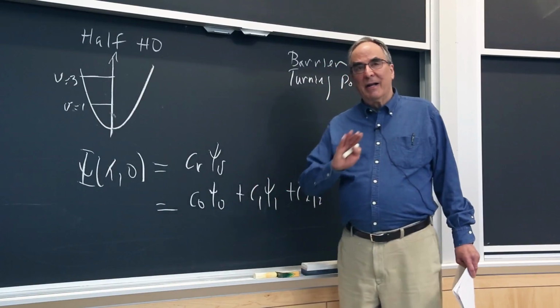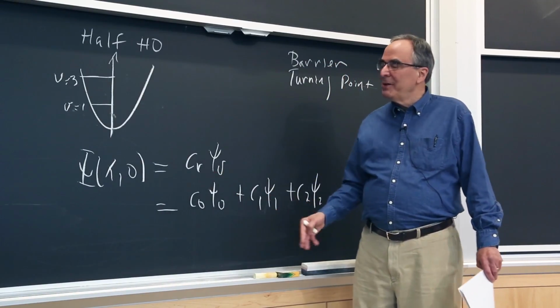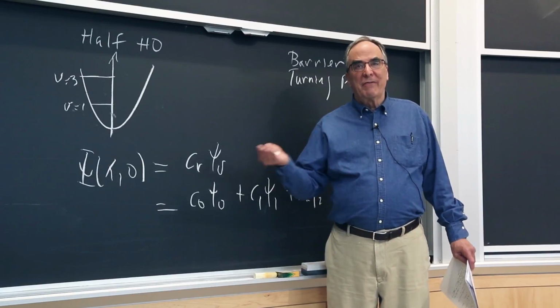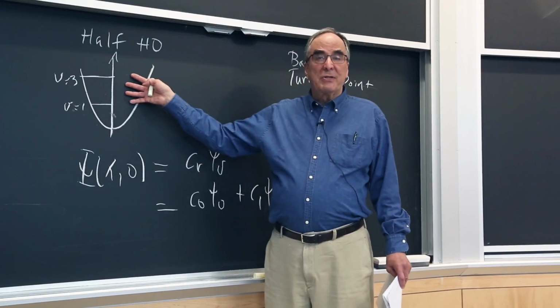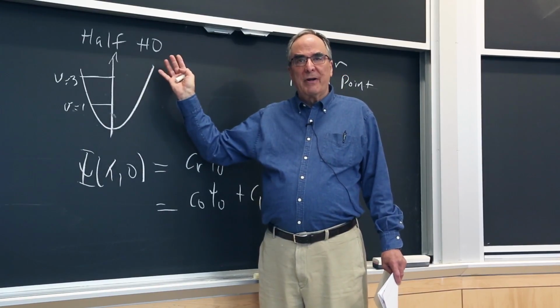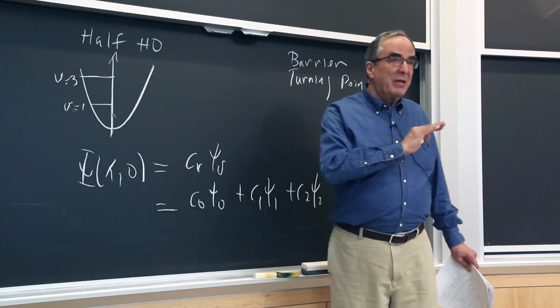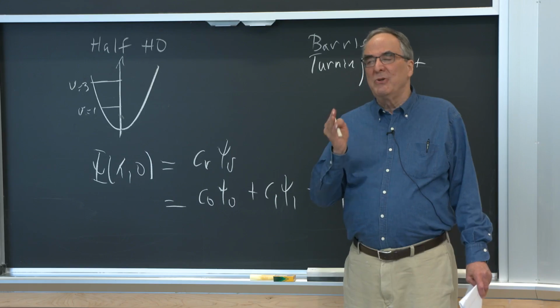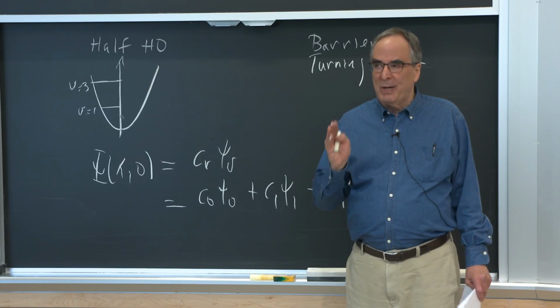However, it's okay because we're going to be using the full harmonic oscillator functions, which do exist over here. It's fine once we remove the barrier. But we want to choose a problem which is as simple as possible.